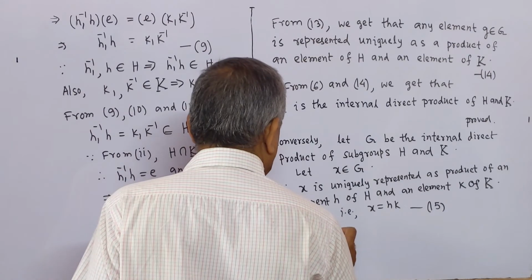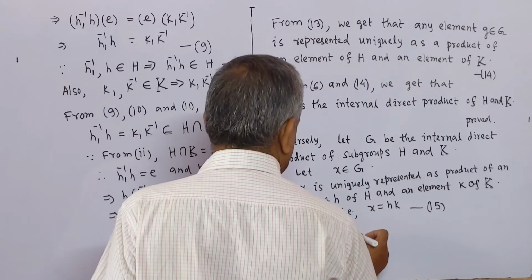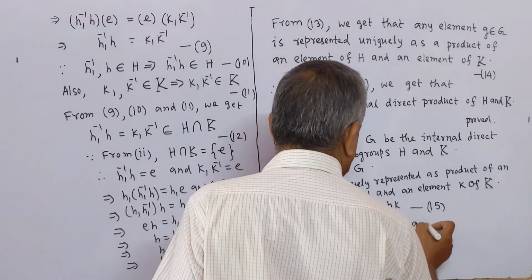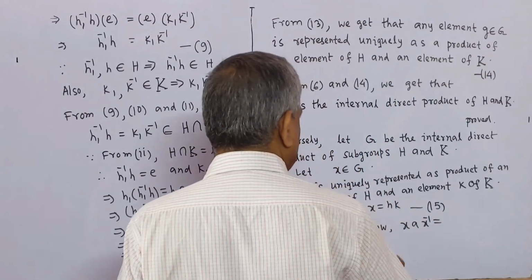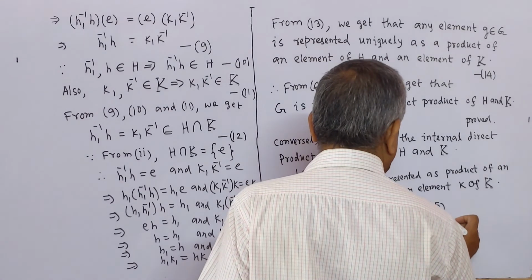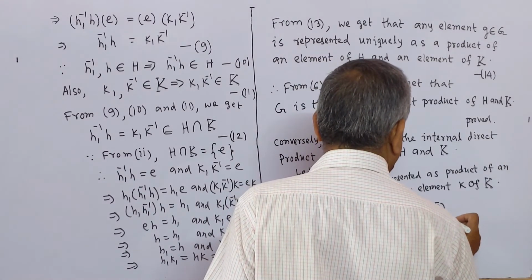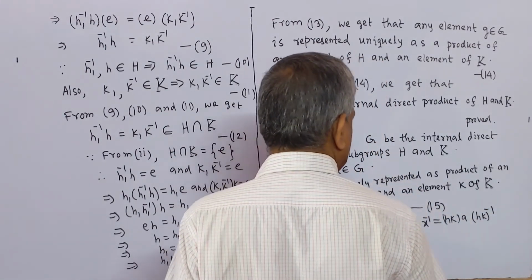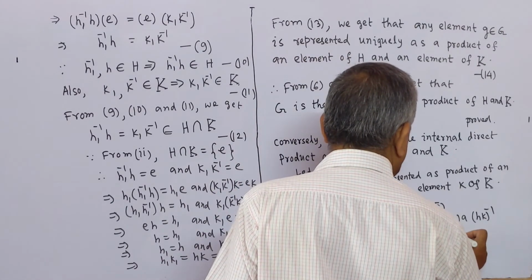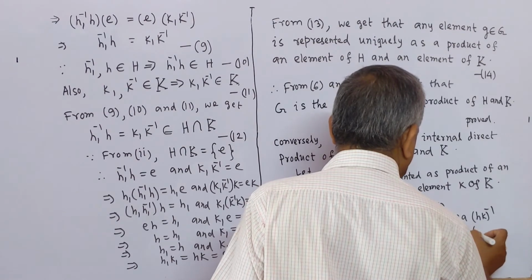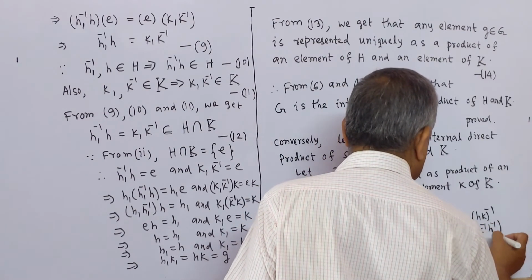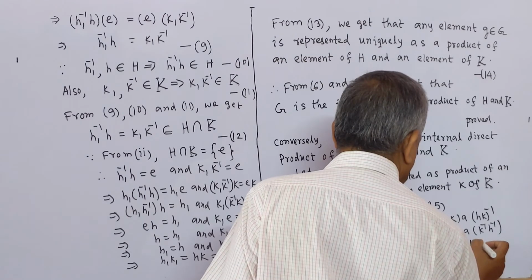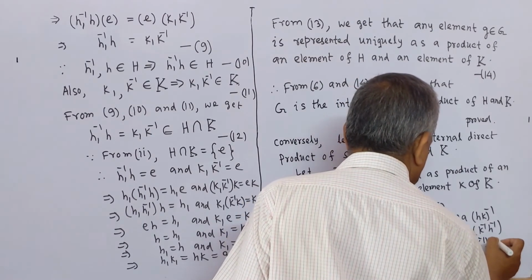Let A belong to H. Now X A X inverse equals HK A HK whole inverse, and this equals HK A K inverse H inverse, equals H A K inverse H inverse.